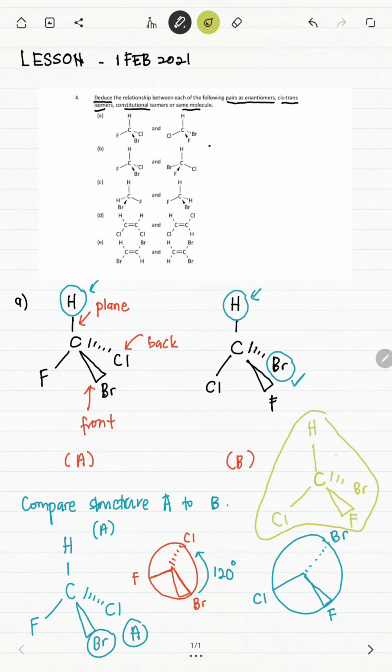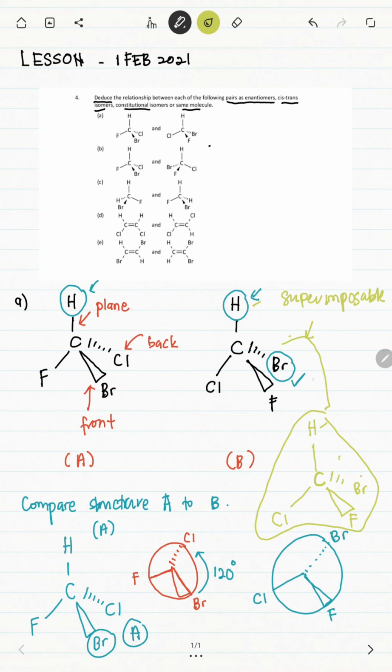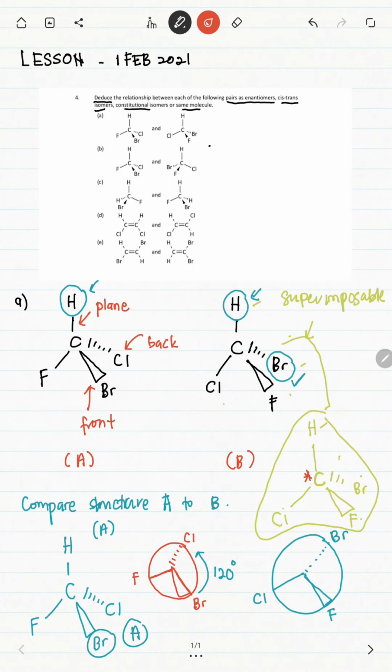When we compare the product of A to B, we lift it and place it next to it. What do we get? Both molecules become superimposable, meaning they overlap exactly. H overlaps with H, bromine atom with bromine atom, fluorine with fluorine, and chlorine with chlorine. Although this compound consists of a chiral carbon, after rotation the product can be formed as here.